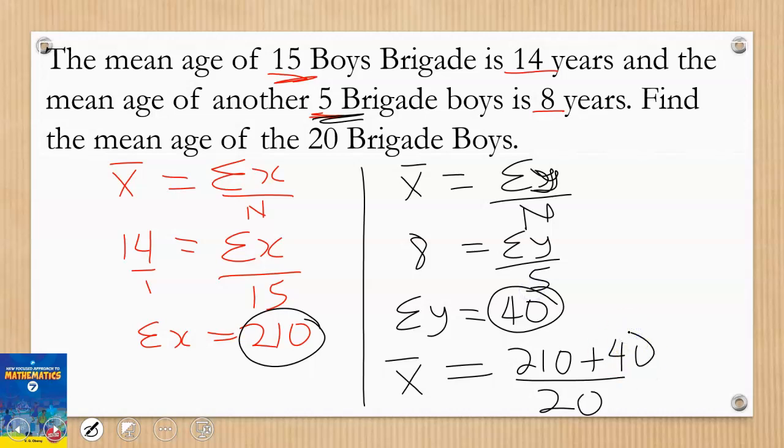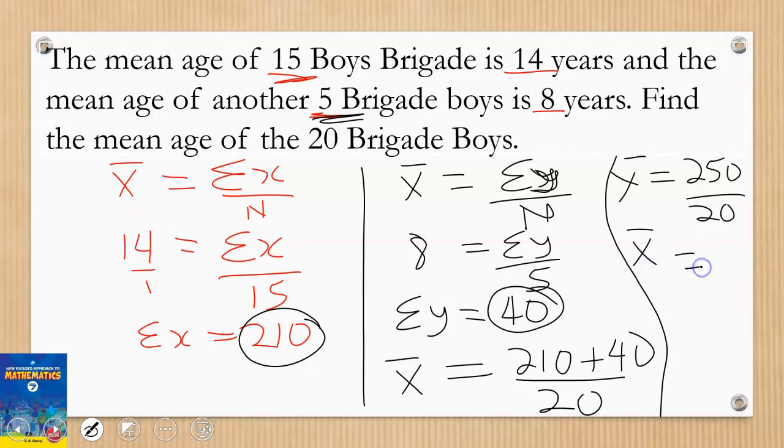So when I add these two together, I'm going to have 250 divided by 20, and that gives me the answer, right? I think it makes sense. Good. So I'm going to get my mean to be 250 divided by 20, which is 25 divided by 2, which is 12.5. So that becomes the mean.